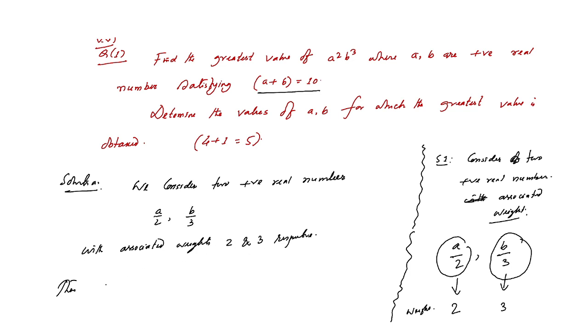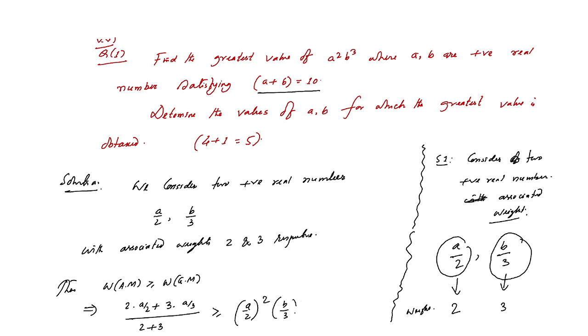So if we apply the weighted arithmetic mean greater than or equal to weighted geometric mean, that implies (2 into a by 2 plus 3 into b by 3) by (p1 plus p2), so 2 plus 3, is greater than or equal to (a by 2 whole to the power p1, b by 3 whole to the power p2) to the power 1 by (p1 plus p2).